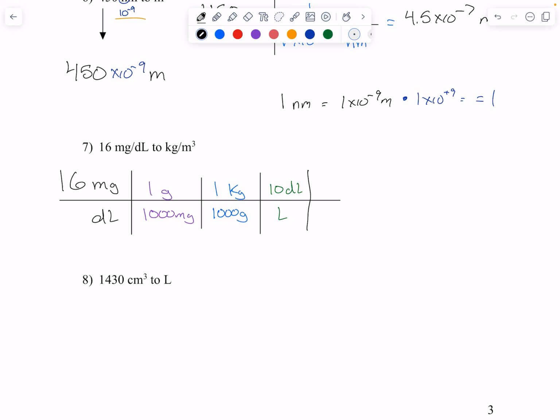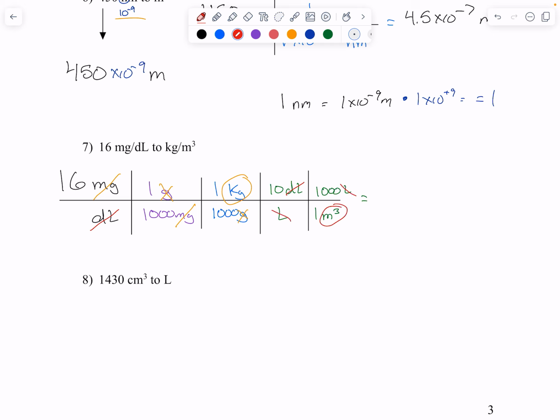And there are 1,000 liters to 1 meter cubed. All right, so metric system, I'm going to slow down a minute. If you look, milligram, milligram, gram, gram, and we're left with kilogram. Deciliter, deciliter, liter, liter, we're left with cubic meters.